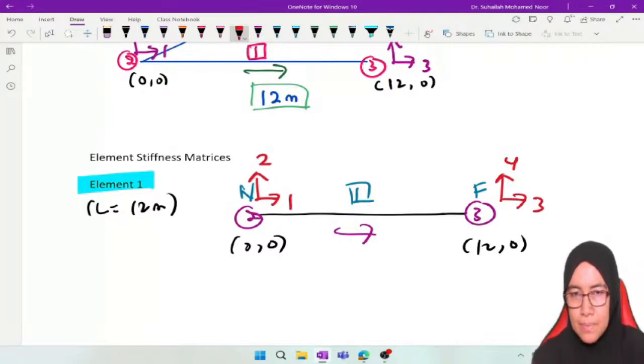So we have node number, element number, and degrees of freedom. There are 4 degrees of freedom, 2 for each node, x y, x y. And then the arrow, don't forget to put the arrow because we identify near and far end from the arrow. And lastly is the coordinate. Clear?